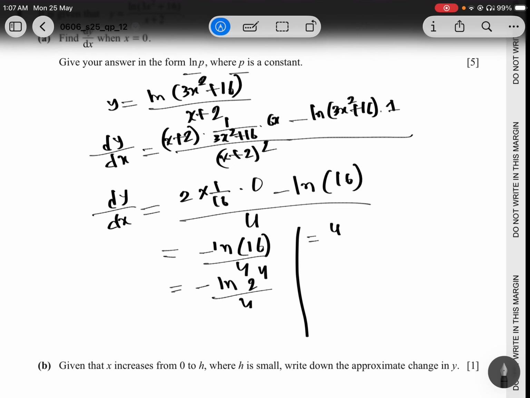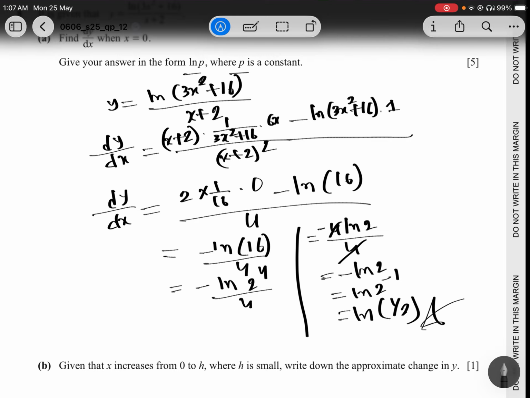So 4 on the top minus 4 ln of 2, 4, 4, 4 gone, minus ln of 2. So I can write ln to the power negative 1, so ln to the power 1 by 2. Yeah, this should be the answer.